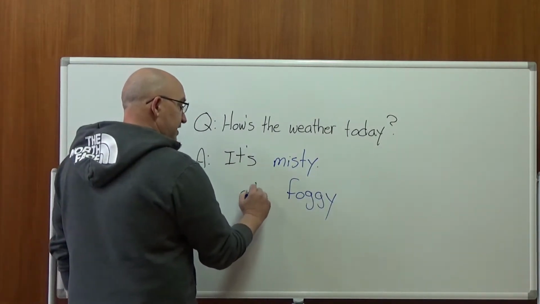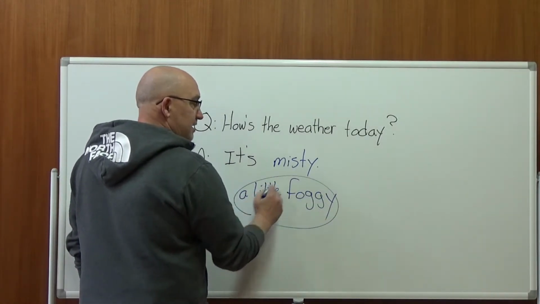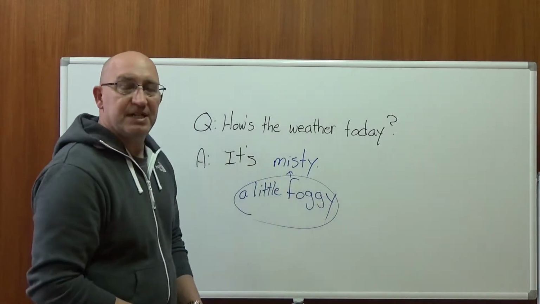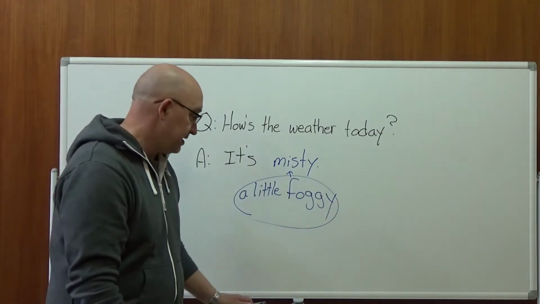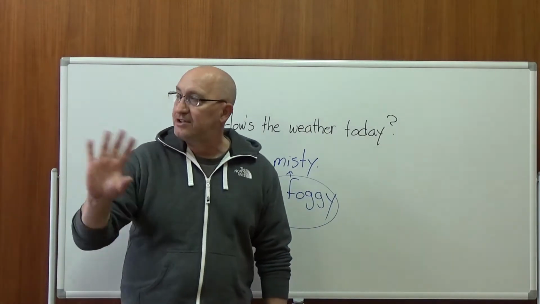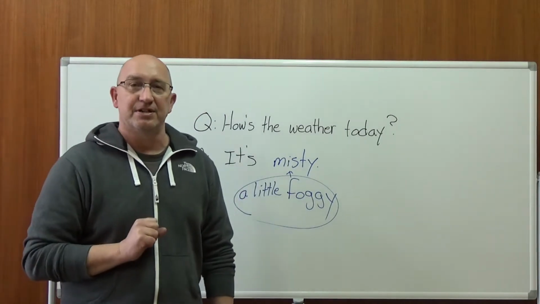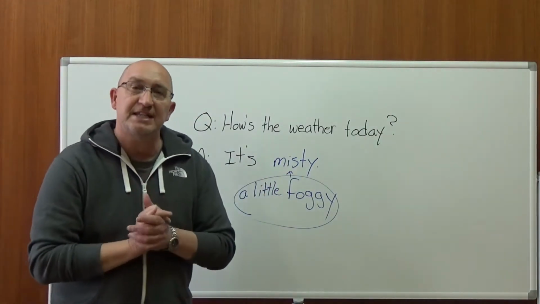So maybe the feeling, it's a little foggy, is the meaning of misty. So I can still see the road, or I can still see the view, but there's just a little bit of fog. So in that case, you can use the word, it's misty.